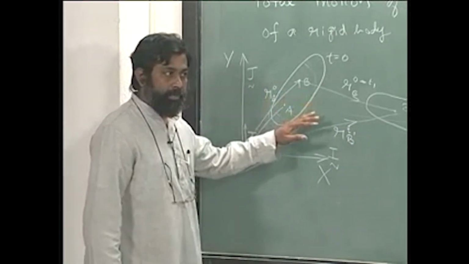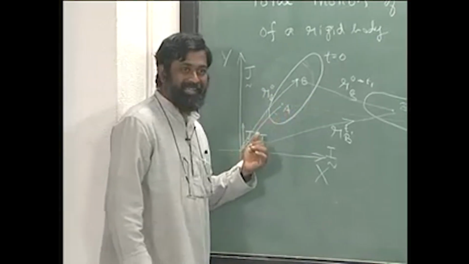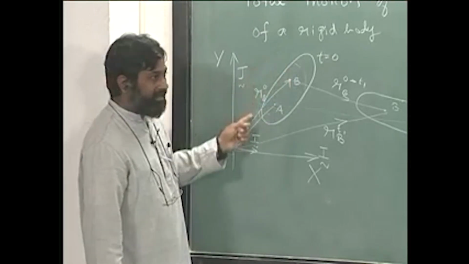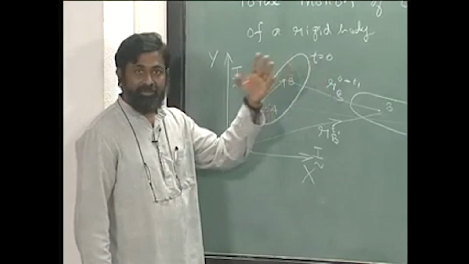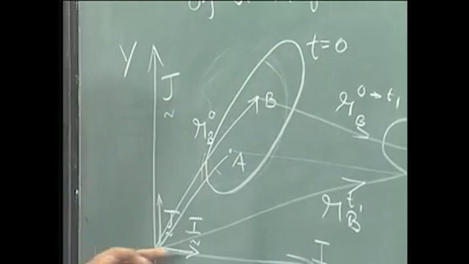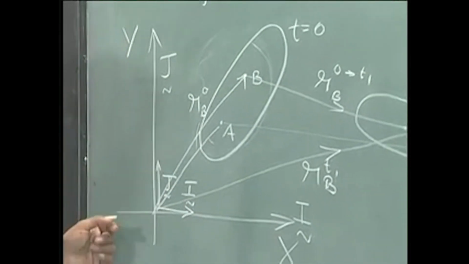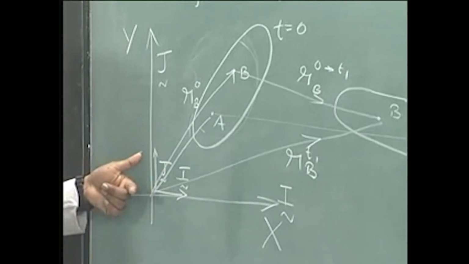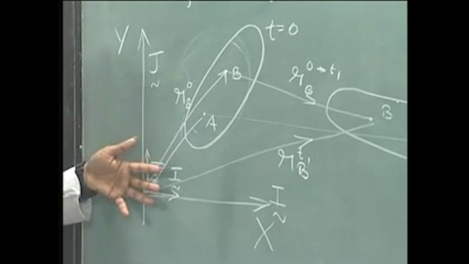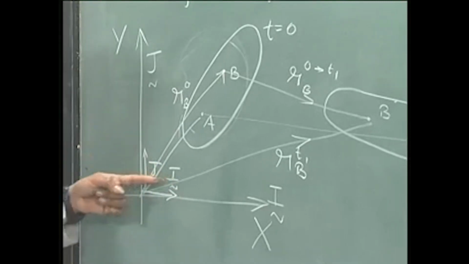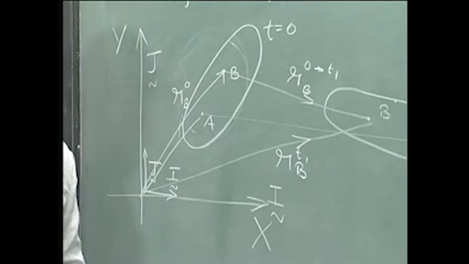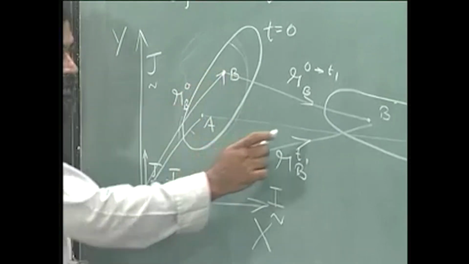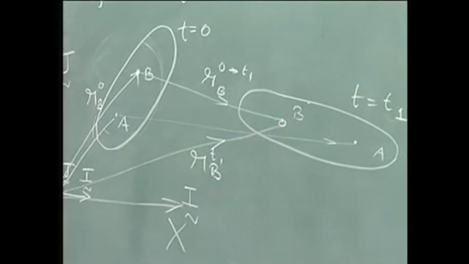Okay. I seem to be complicating it a little bit, but the understanding is simple. I describe a point on this body at a reference time t equal to t naught or 0, okay, with respect to a fixed frame of reference. I have a capital I and a capital J denoting the fixed frame of reference. Later on we will understand why we are using capital letters for these. Okay. And therefore, I can describe this particular point as well as this particular point.